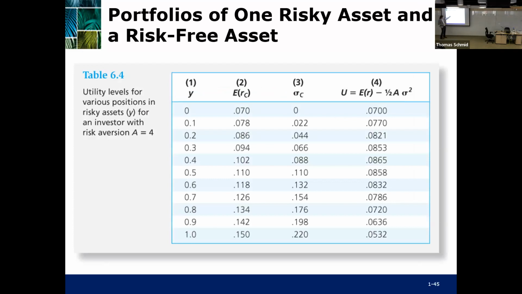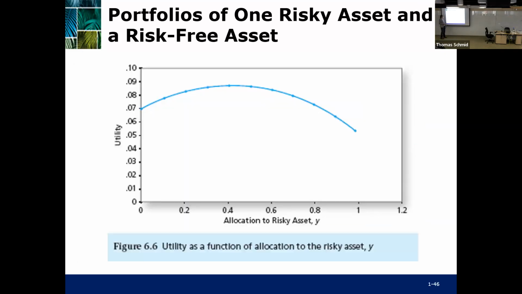You could do this in steps of 0.05 or 0.001 or whatever you want. So this would also allow you to identify the optimal risky portfolio. Not as precisely as the analytic solution, but a bit more intuitive maybe, or more illustrative.